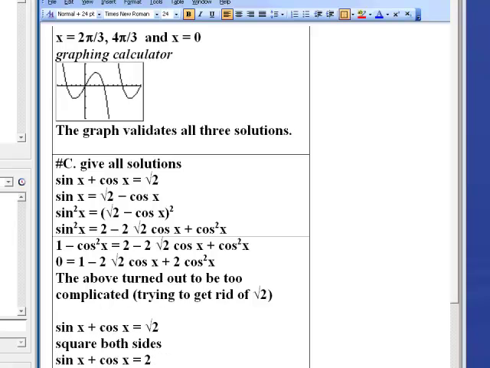And that, of course, square root of 2 squared is 2. And then we have a square around this one here. Okay. Then we FOIL.